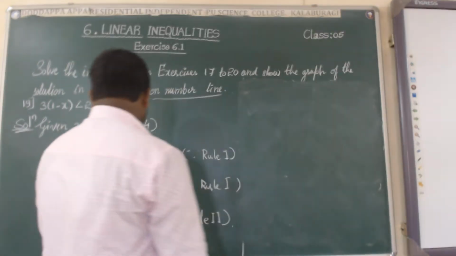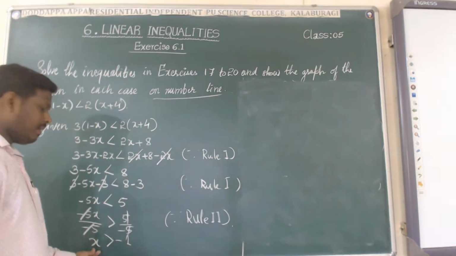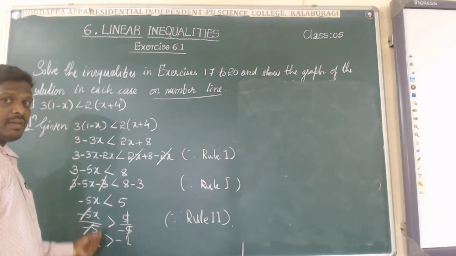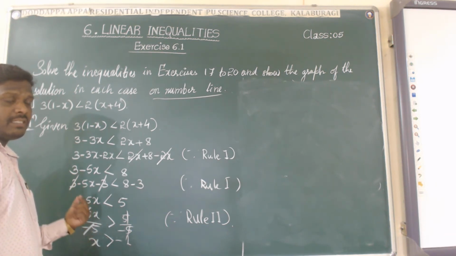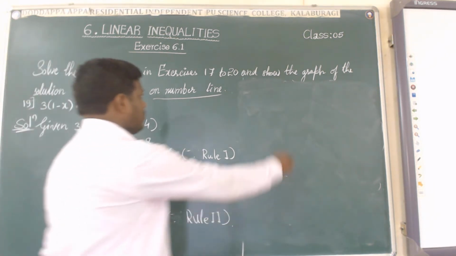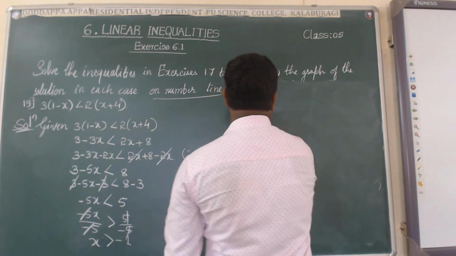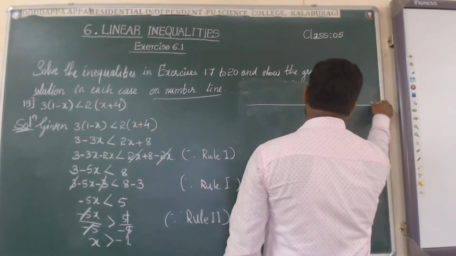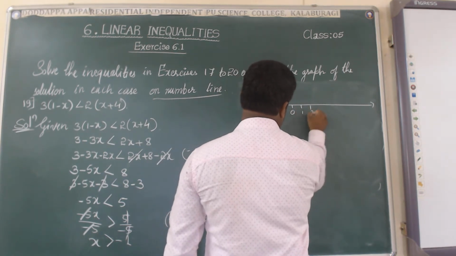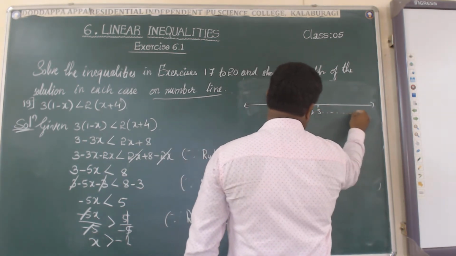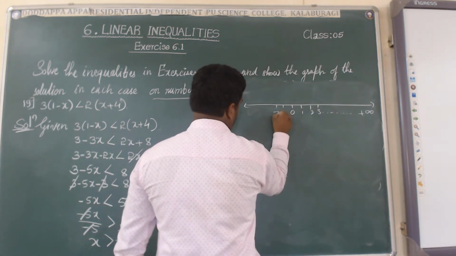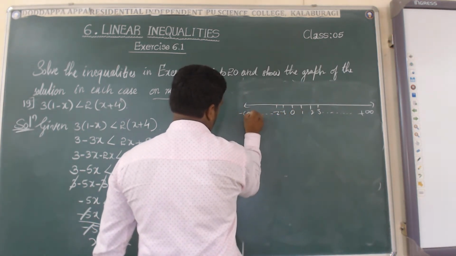Okay. The value of x is more than minus 1. More than minus 1 means we have to take minus 0.9 also. So on the number line I will draw a number line here. Here 0, I will take 1, 2, 3, and so on up to infinity. Here minus 1, minus 2, and so on, minus infinity.